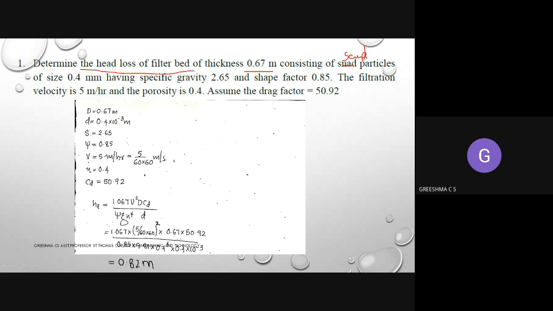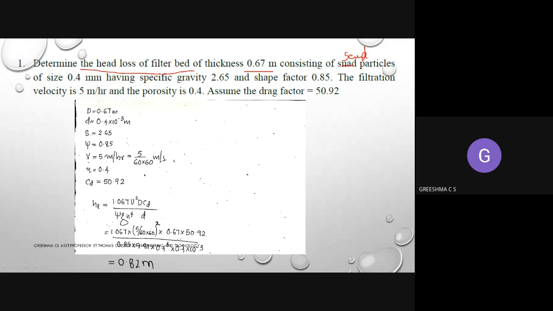The filtration velocity given here is 5 meter per hour. Okay, so we have to convert that to meter per second. 5 meter per hour you are converting into meter per second. Okay, so 5 divided by 60 into 60, whole square, into D.